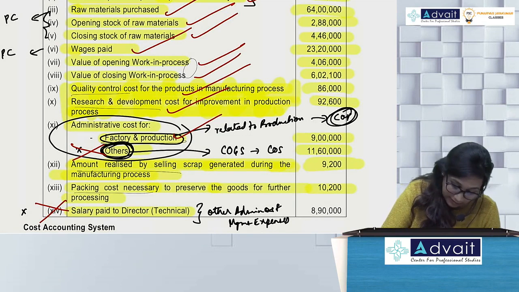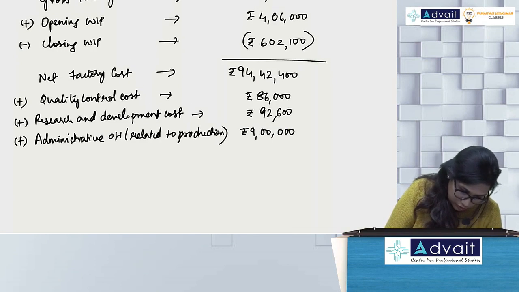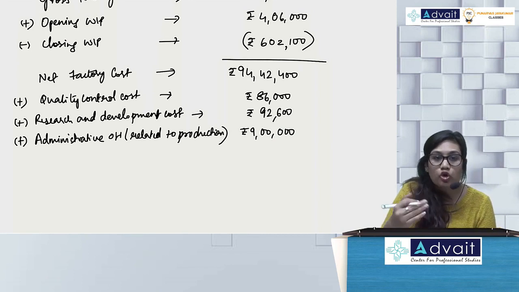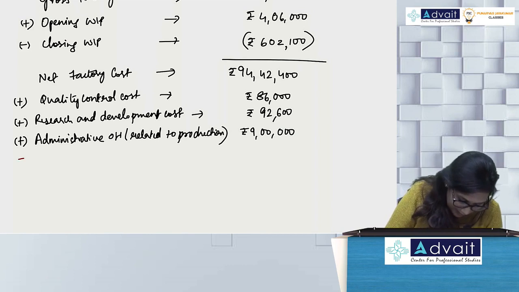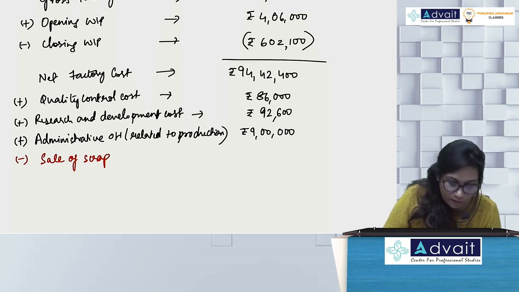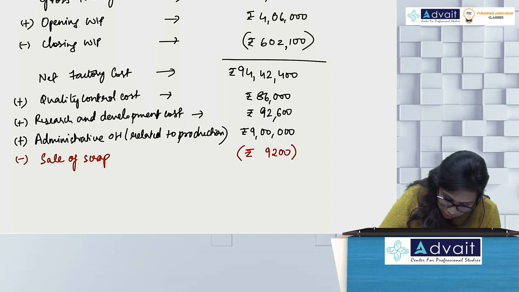Then amount realized by selling scrap. So amount realized हुआ ना, तो ये तो cost को कम कर देगा. तो minus sale of scrap. How much? 9,200.